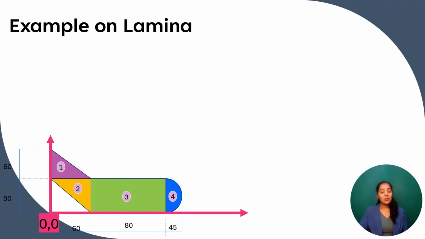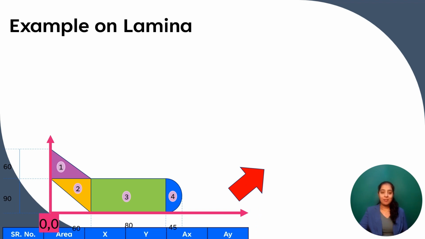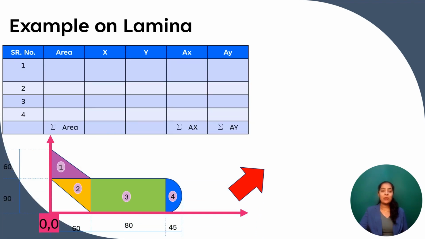Now, what is the next step? So, the next step is we have to do the calculations according to this table. So, let's separate out this first figure, that is the first triangle.